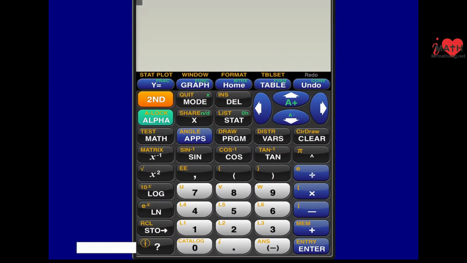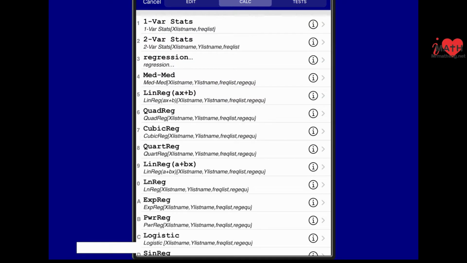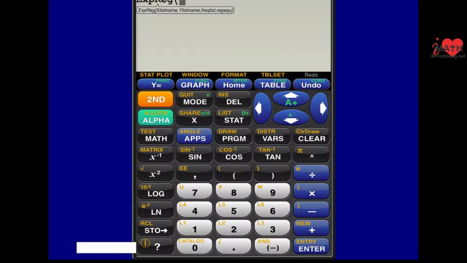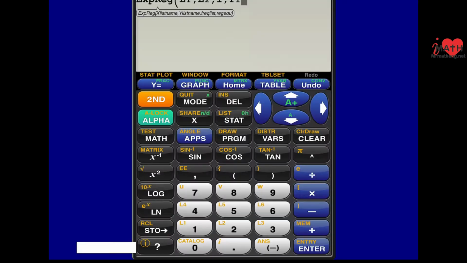Okay, I'm going back to my home screen, so you can just press second, mode, which quits. We're going to press stat, calc, and now I want an exponential reg, so that is letter A in mine. I'm going to go second 1, comma, second 2, which is list 2, comma, I'm going to put in 1 for frequency, and then where do I want this? I want this stored in y equals. So I'm going to press vars near the down arrow, y vars, and just click y1, and it'll erase what's in there.